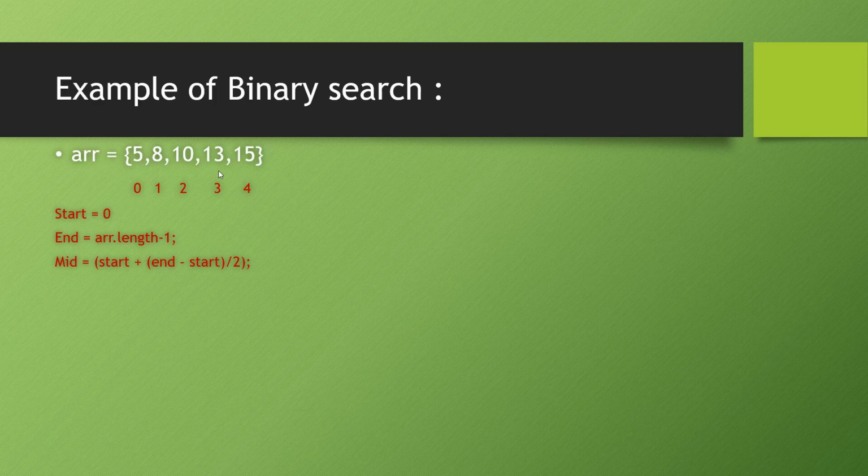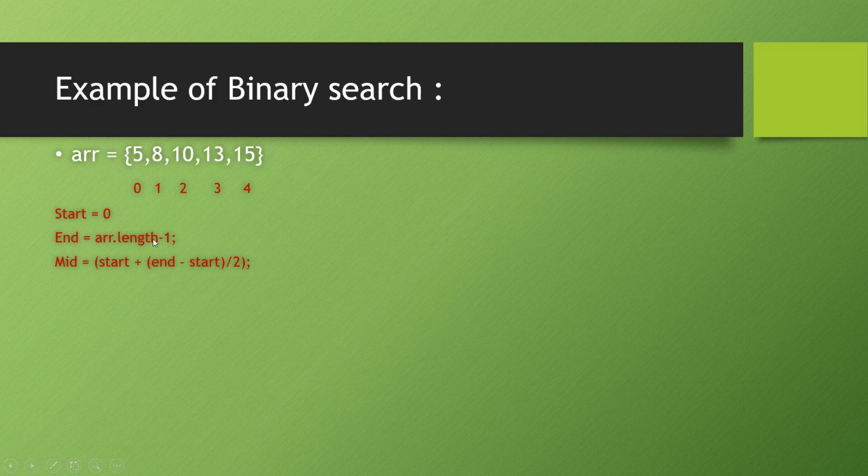For that we use three parameters, which are start, end and mid. How do we declare the start and end values? By using these indexes. The first element index is always 0, because array elements start from index 0, that we all know. So the value of start is always 0.